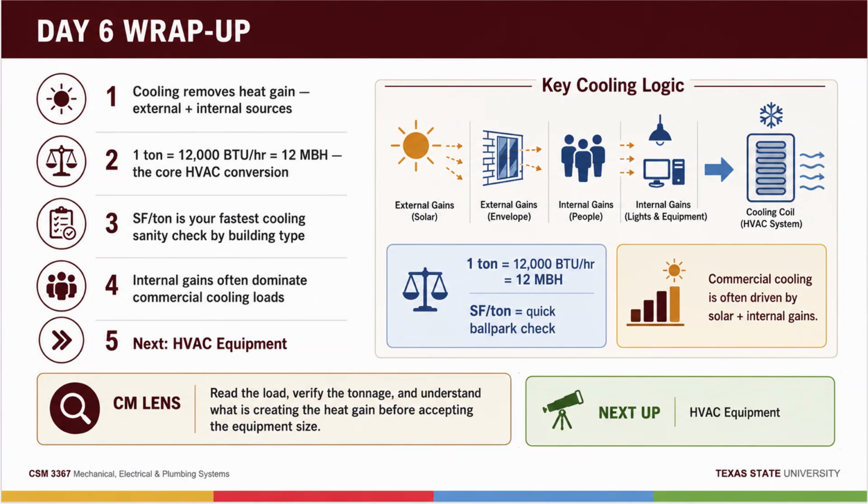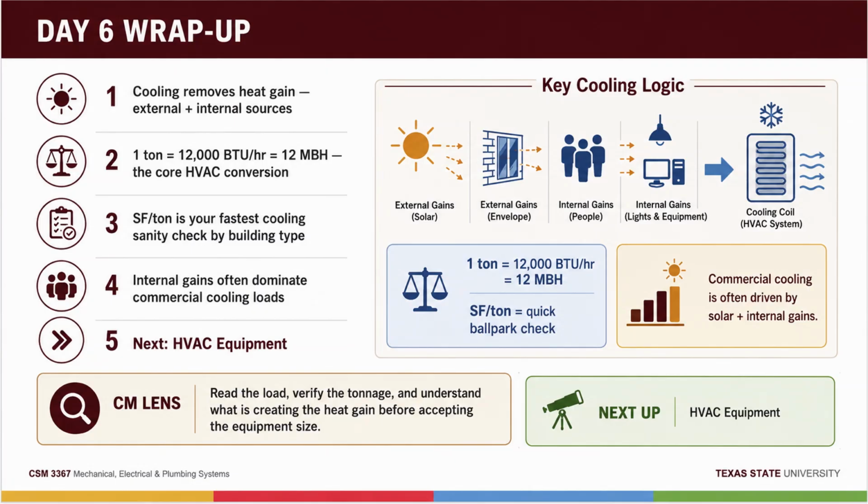The commercial ventilation standard? ASHRAE 62.1. Sensible load of an airstream? 1.08 times CFM times delta T. Latent? 0.68 times CFM times delta grains. 1 ton of cooling equals 12,000 BTUs per hour. Office rule of thumb? 300 to 400 square feet per ton. Is a rule of thumb acceptable for final equipment sizing?